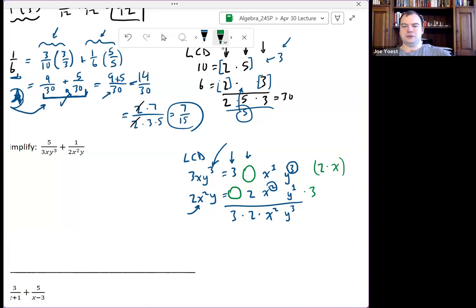It has the 2 from the LCD. It has 2 factors of x, it needs 2 factors of x, it's good there. It has 1 factor of y, and it needs 3. So it needs to be supplemented with 2 factors of y. So my 2x squared y denominator needs to pick up a 3y squared in order to meet the lowest common denominator.